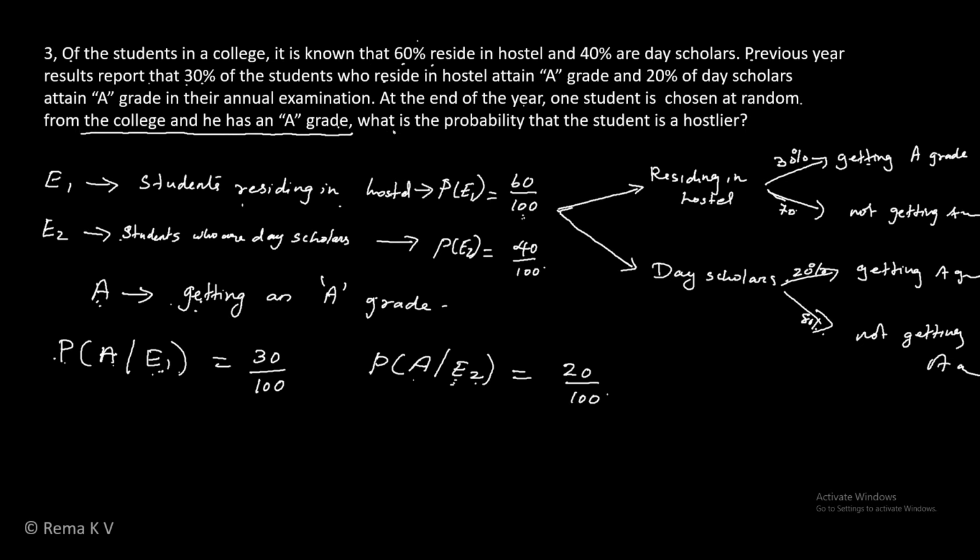Now the question is, what is the probability that the student is a hostelier? That is the probability of, what you have to find? Probability that the student is a hostelier. What is the symbol for this?